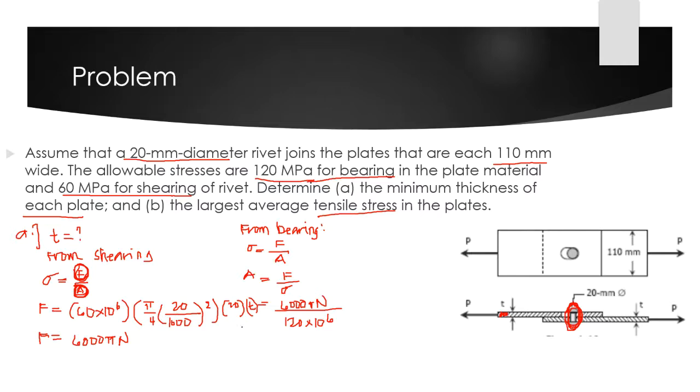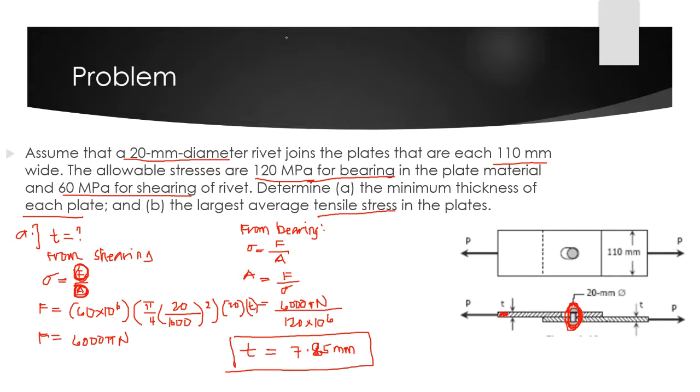Isolating the t, we can just divide both sides by 20. So we have t is equivalent to 7.85 millimeter. Okay, that is now the thickness of our plate.